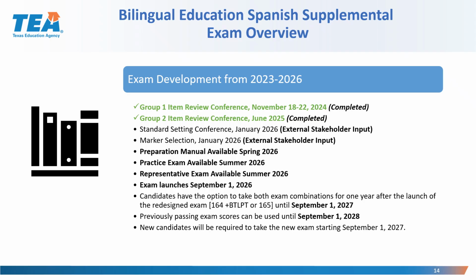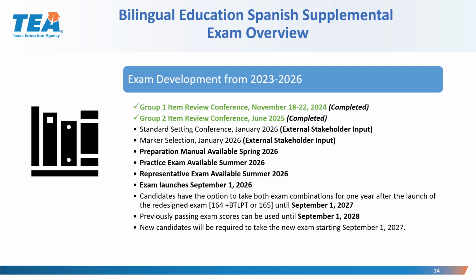Candidates will have the option to take both exam combinations for 1 year after the launch of the redesigned exam. That means that candidates can take either 164 and the BTLPT or 165 until September 1st, 2027.